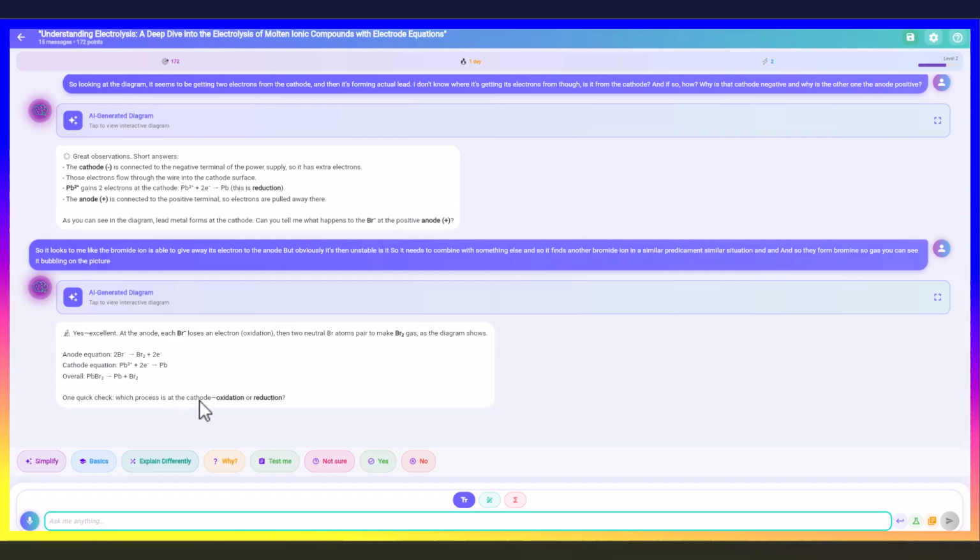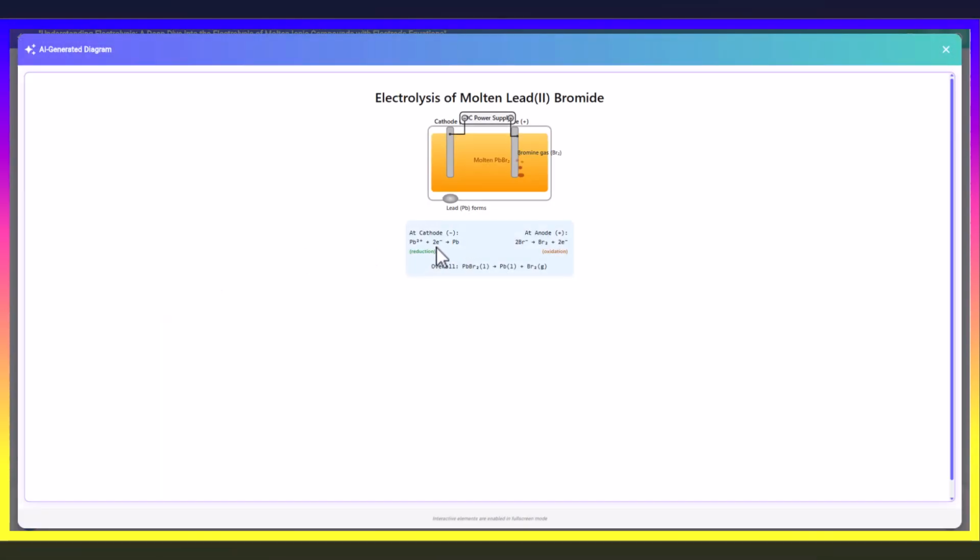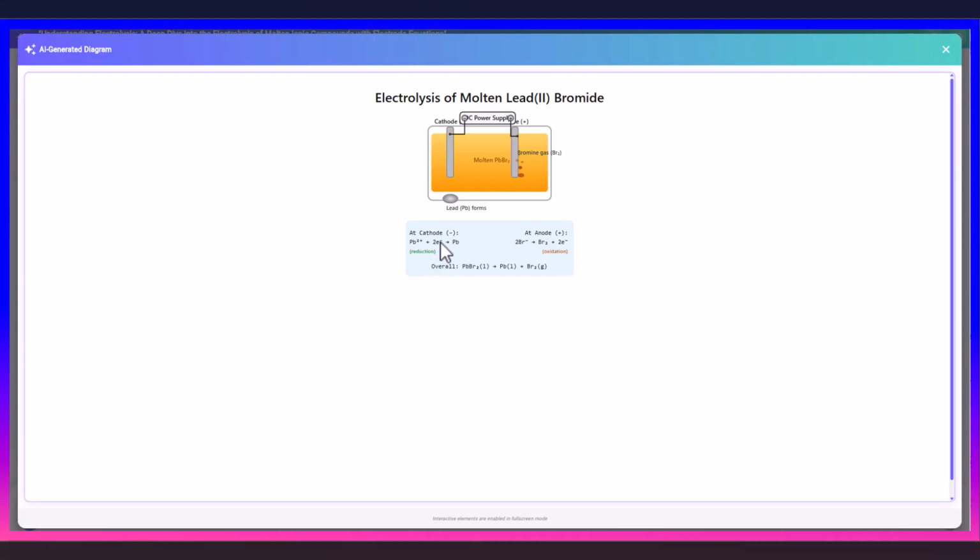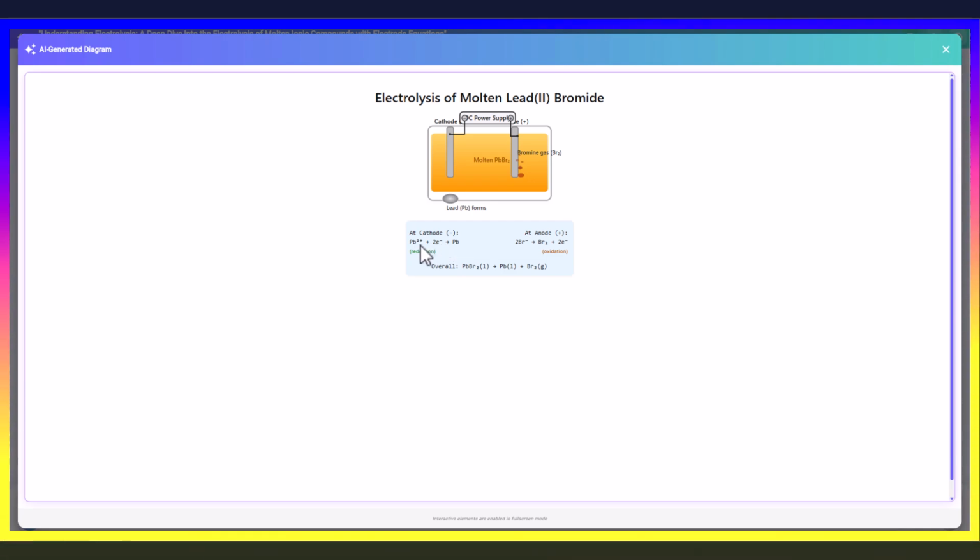So cathode is the negative one, and the cathode is giving electrons to the lead, so it's reduction. I always think it's Pb2+ and it reduces it to nothing because you're giving it the negative electron, so it's reducing how positive that is.